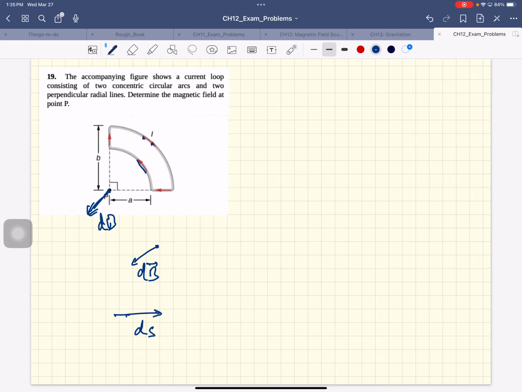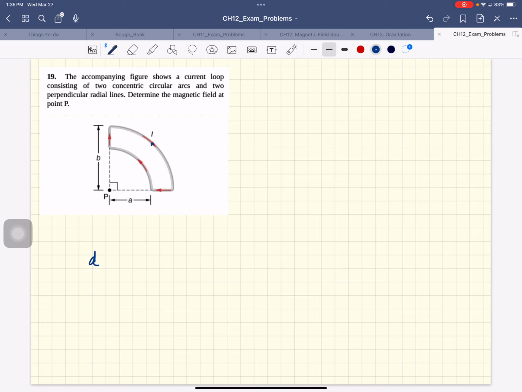This guy will produce a field in the opposite direction, except that this is weaker than that because that guy is further away from this point. All right, so we understand all of this.